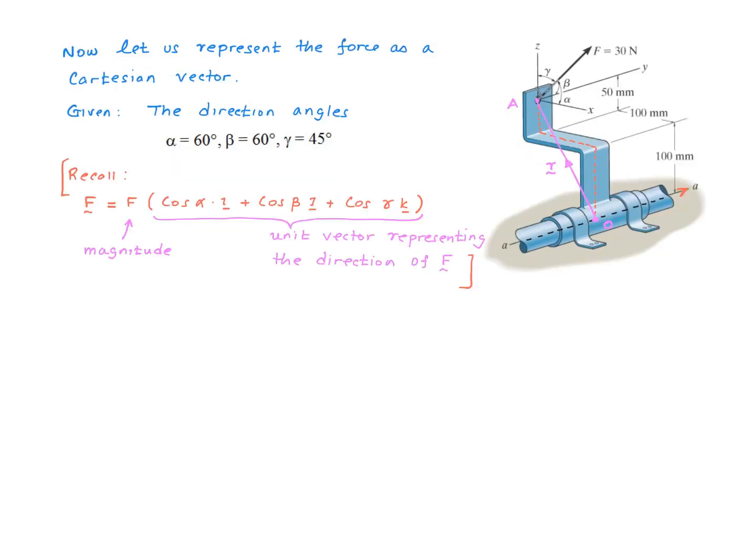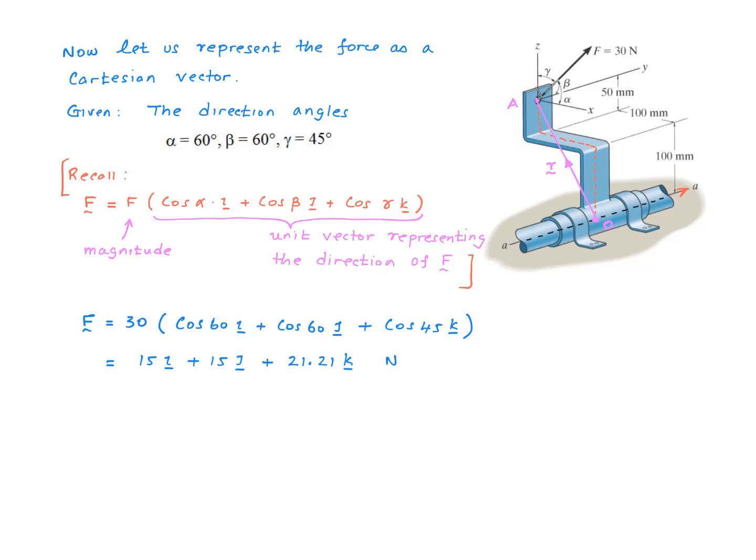Now let's go ahead and write the force in its component form. We note that what we are given are the direction angles alpha, beta, and gamma, right? With these angles, we can find the unit vector along the force F. Then the vector F equals the magnitude of F multiplied by the unit vector in the direction of the force, right? So here are my calculations.